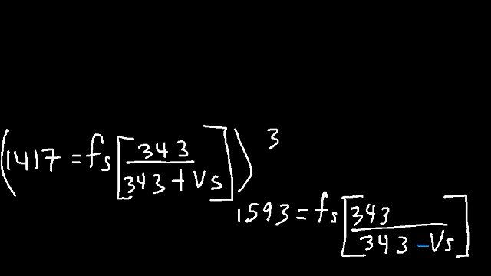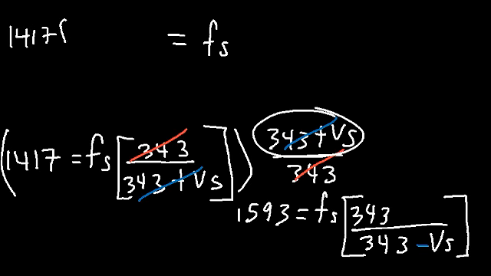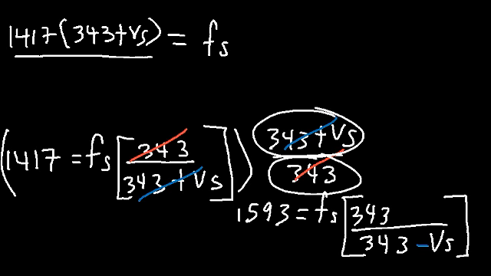So let's multiply by 343 plus Vs divided by 343. If we do that, these two will cancel, and those two will cancel on the right side of the equation. So on the right side, all we have is Fs. On the left side, it's 1417 times the numerator of this fraction, which is 343 plus Vs divided by the denominator of the fraction. So to move this to the other side, basically just flip the fraction.